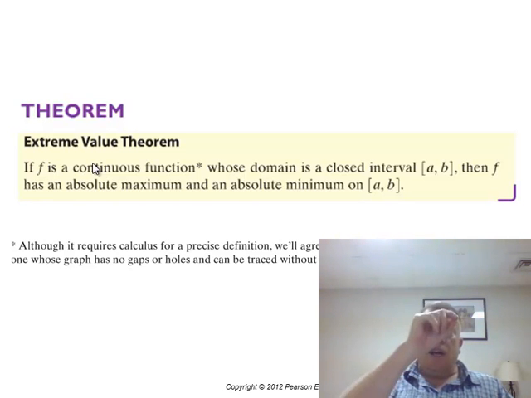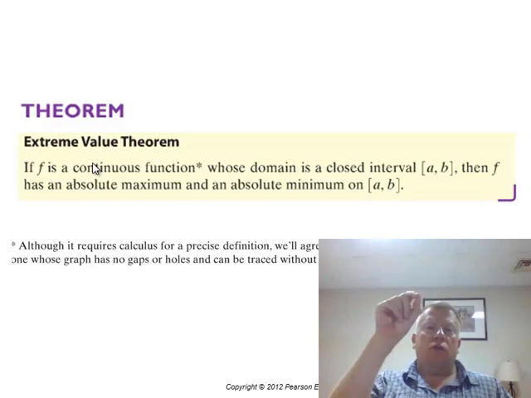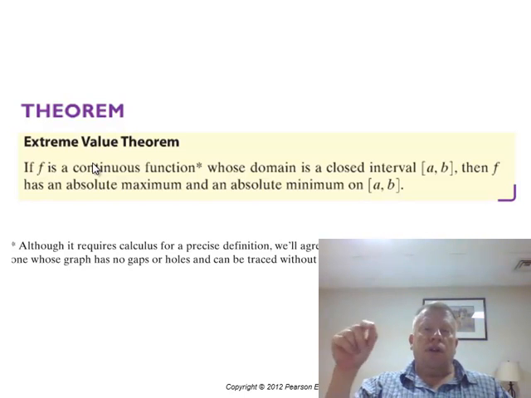Now you could have a jagged point where the function changes direction all of a sudden. As long as every point is connected, then you have a continuous function. Very important concept, what it means for a function to be continuous.